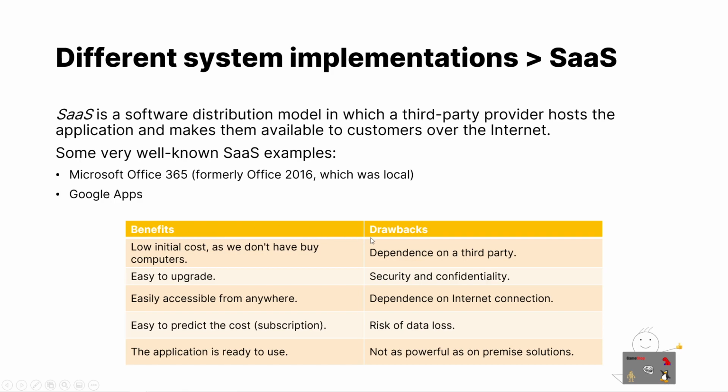Now, benefits and drawbacks of this implementation. Benefits would be a really low initial cost for the organization because they don't need to buy extra computers to run their logic. It's also easy to upgrade, and easily accessible from anywhere as it is on the cloud.